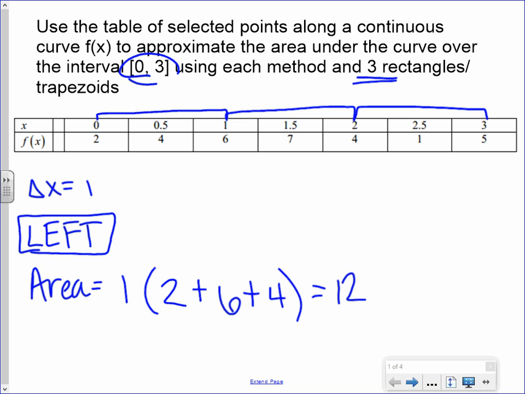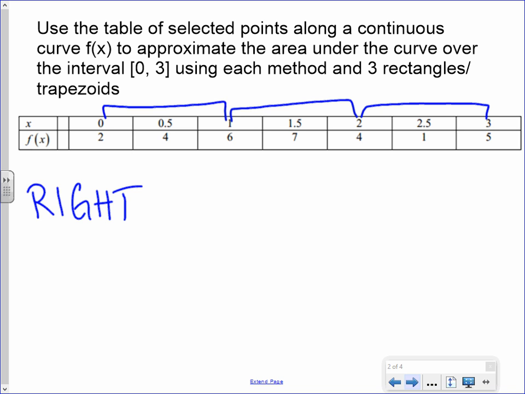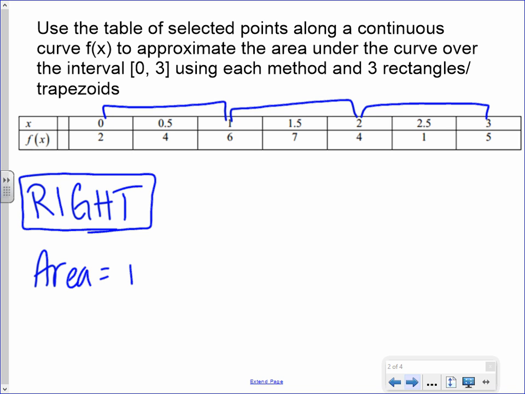Same set of data, same width. Right endpoint approximation. Our width is still 1, but now this first rectangle would have a height of 6, right?